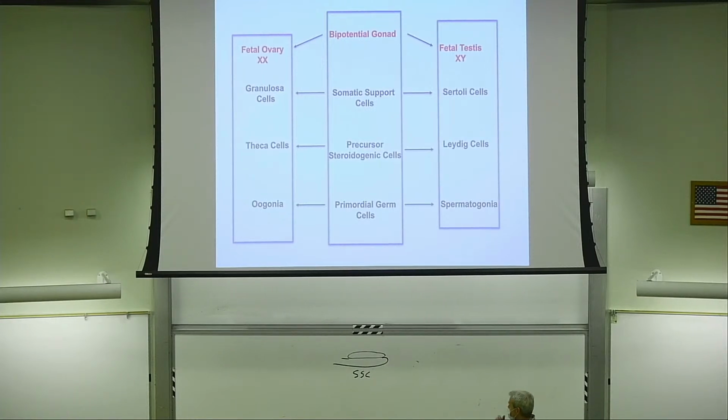Okay? So the first population of cells that we need to talk about that exist in that bipotential gonad without identity is the somatic support cell. At some point, if you're XX or XY, this cell is going to differentiate. It's going to establish an identity. And this somatic support cell will turn into Sertoli cells in the testis, or XY, and granulosa cells in the ovary.